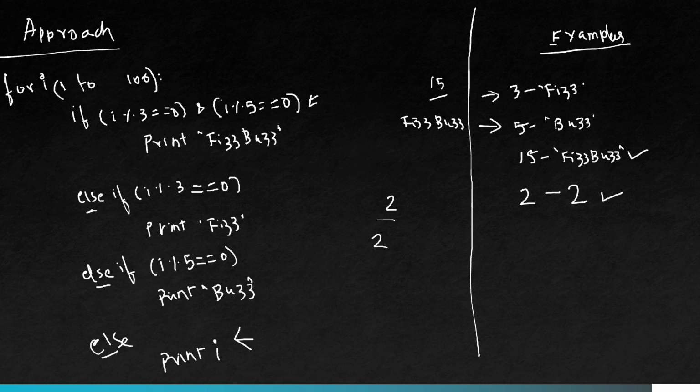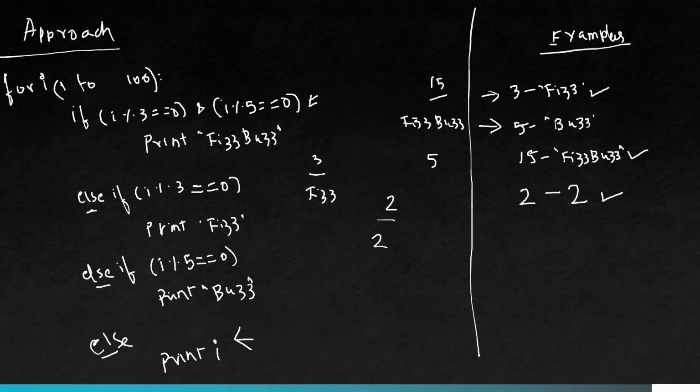Okay. So for 3, 3 is divisible by 3, but it's not divisible by 5. So we are not going to go into this. That's good. 3 is divisible by 3, so we will print fizz. So we will not go into any other statement. Good. We are still satisfying this example. For 5 again, we're going to come here. Is 5 divisible by 3?